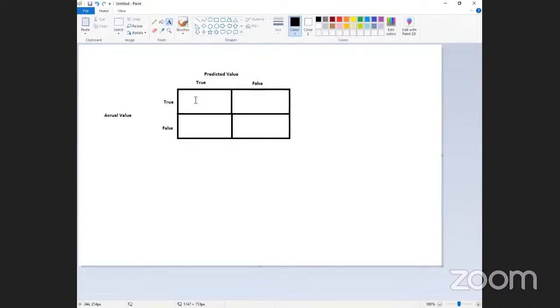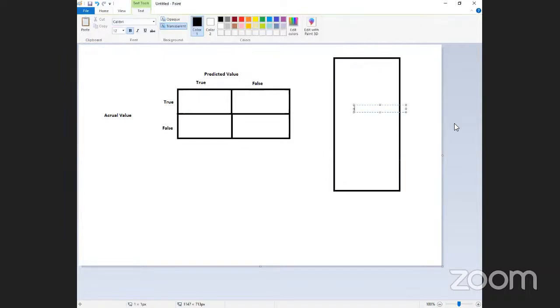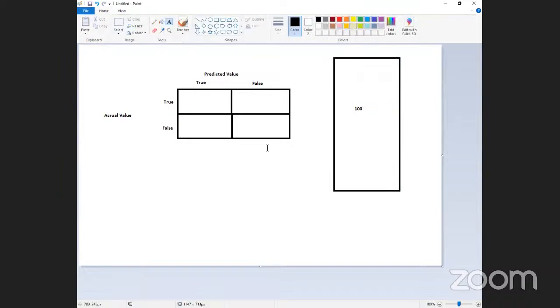So if you take a data set, it has data. Maybe it will have, let's say, 100 records, and those 100 records can go to these four categories.